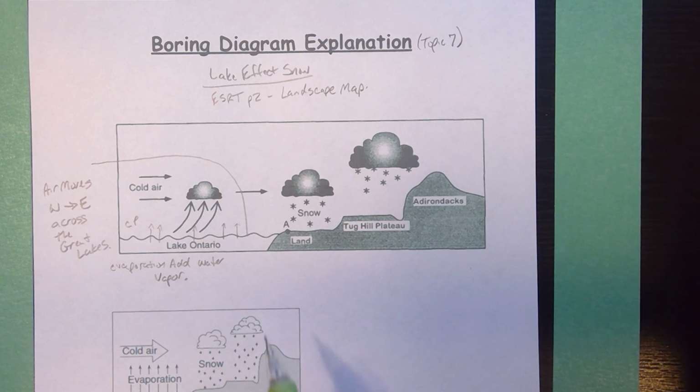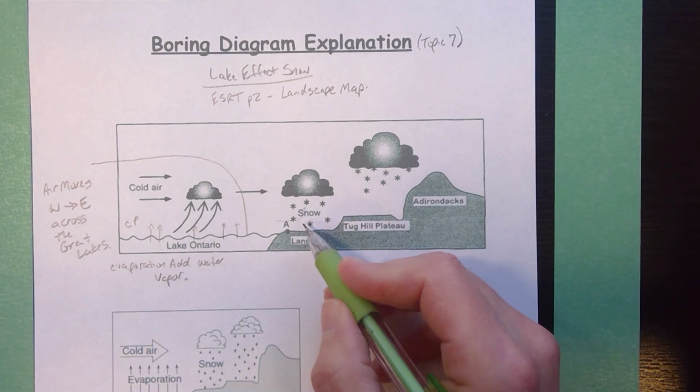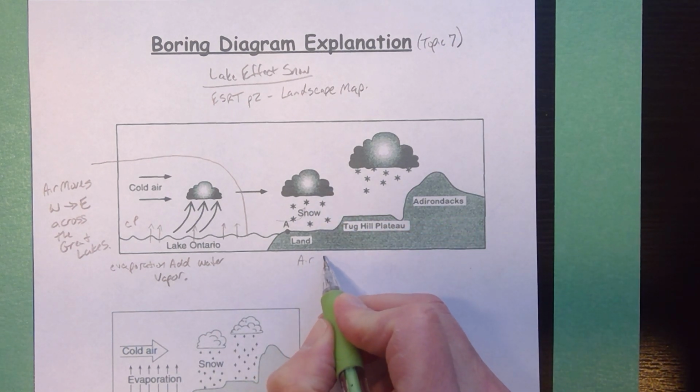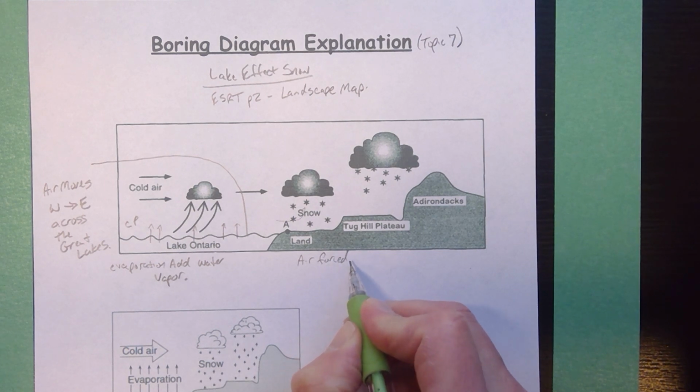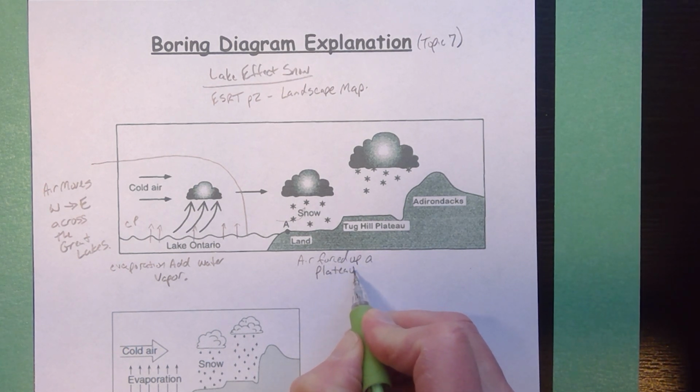So in New York State, if you get any lifting of the air, rising air expands and cools. So the air is forced up a plateau.